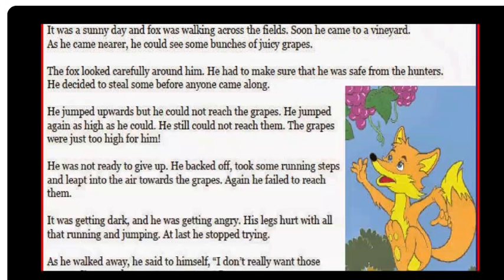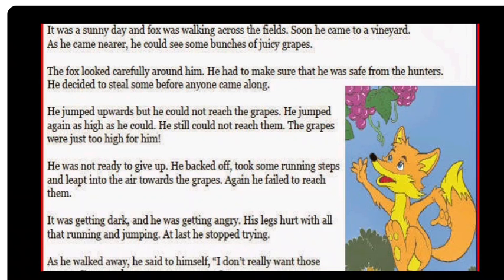So let's start with the story. It was a sunny day and Fox was walking across the fields. Once a hungry fox was roaming around the fields in search of food. Next line, soon he came to a vineyard. So soon he reached an orchard.